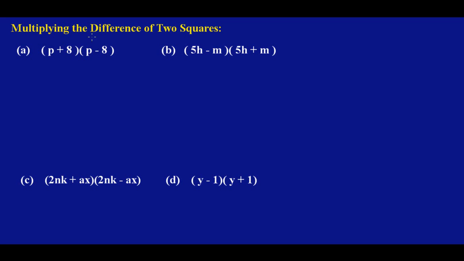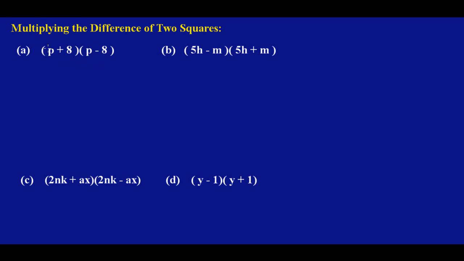And if you look at it carefully, you'll see it. Likewise, in this bracket there's 5h minus m, and over here I have 5h plus m. So when we're speaking about a difference of two squares, you're multiplying the same thing by itself. The only difference is that in one bracket there is a plus sign and in the next there is a minus sign.